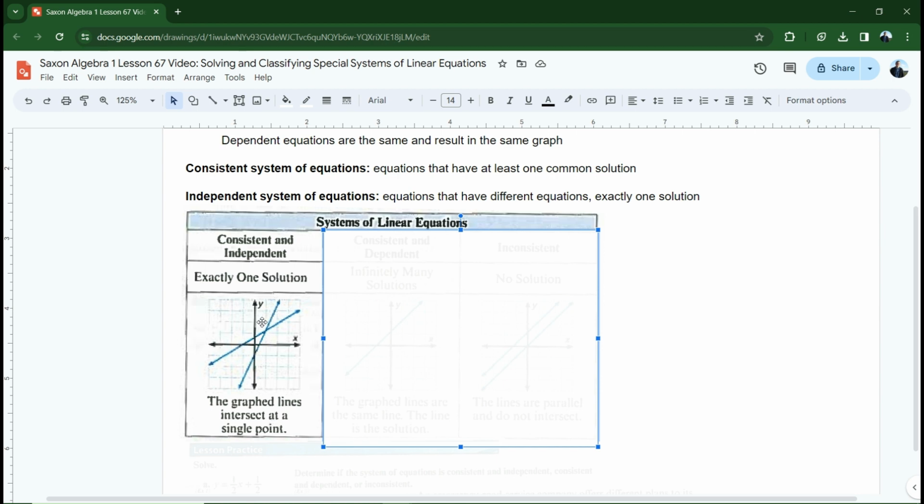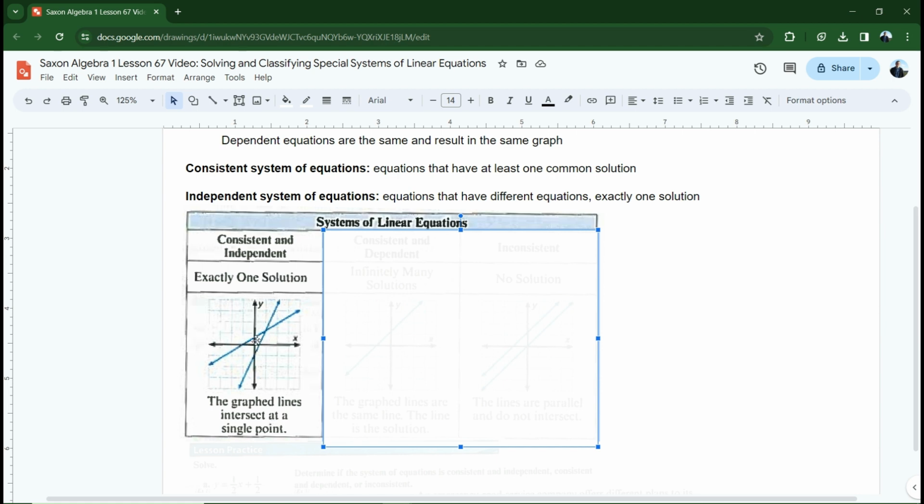However, they're also independent, which means that they have unique equations. If they're consistent and independent, they have exactly one solution because they intersect at a single point. The only way they wouldn't intersect at a single point is if they were parallel to each other, but parallel equations are not consistent because they have no intersection.